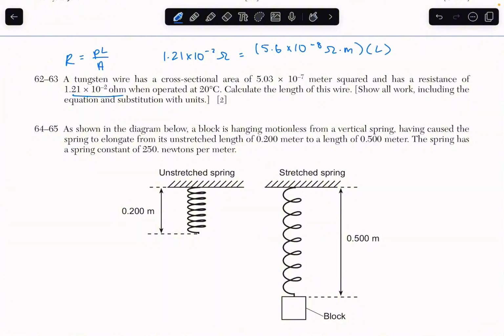We're finding length, and that goes all over cross-sectional area, which is 5.03 times 10 to the negative 7th meter squared. So once we solve this out, we're going to get a length of 0.109 meters, or 1.09 times 10 to the negative 1 meter.